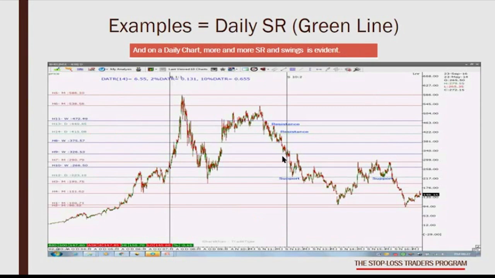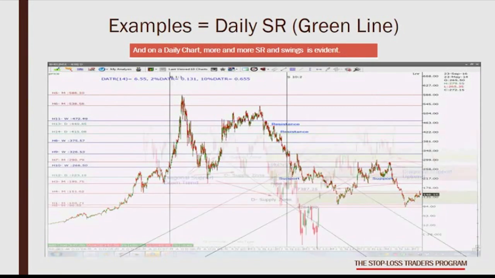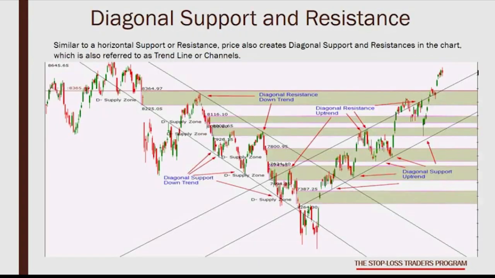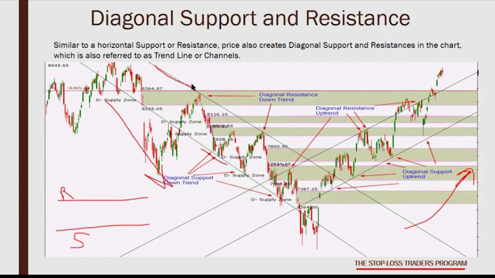So see, this is a support. When price came back to this support, what a big bounce it gave. Almost 200 points, right? So a monthly SR can give you a big bounce like that. Similarly, this one is a support, this one is a support, this is a resistance, this is a support.